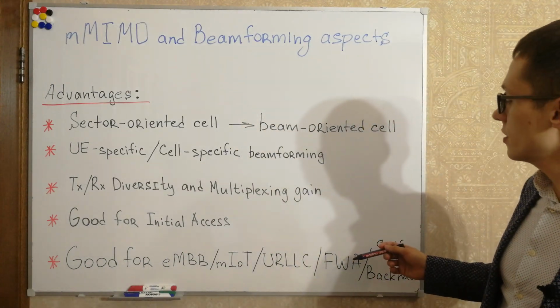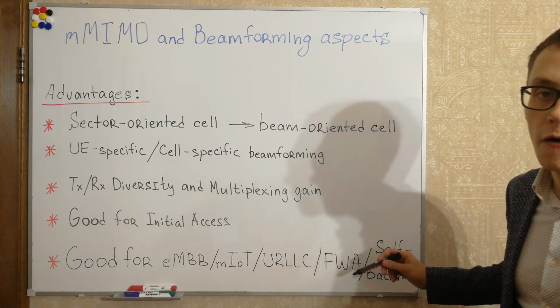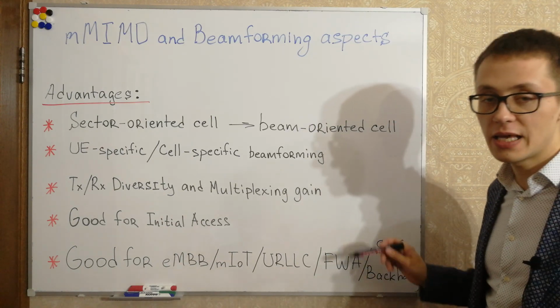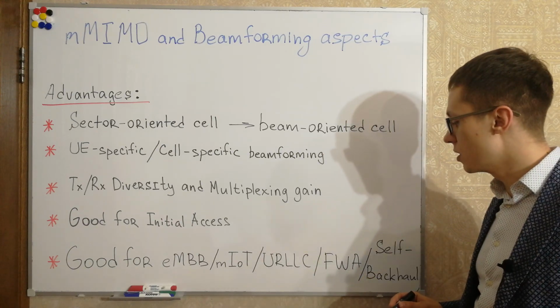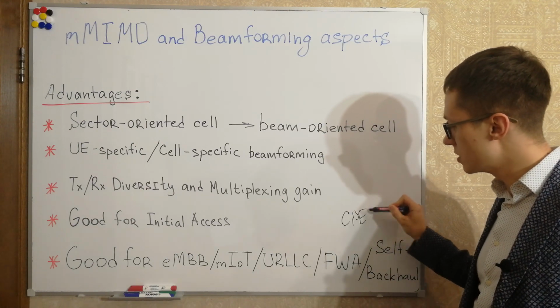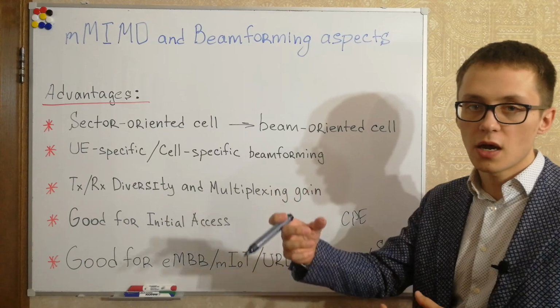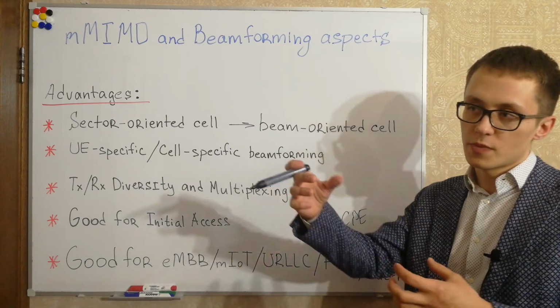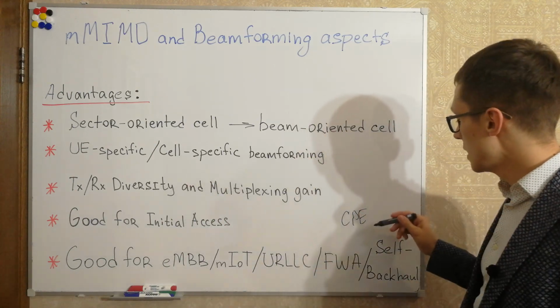And of course, beamforming is very useful for millimeter waves and particular fixed wireless access cases, when we can form a beam toward CPE, customer premises equipment. This is a kind of equipment installed in-house or located somewhere, wall-mounted, for example.